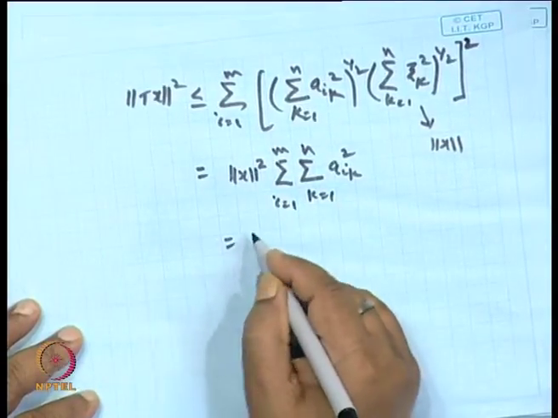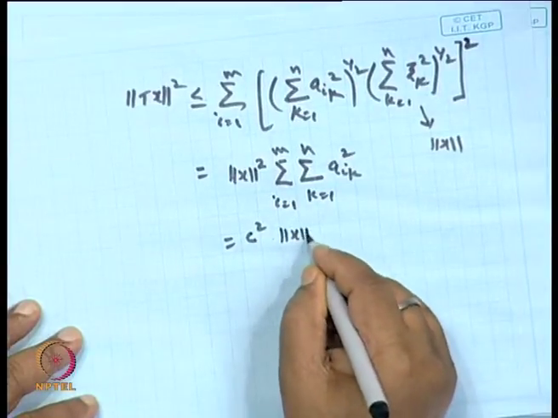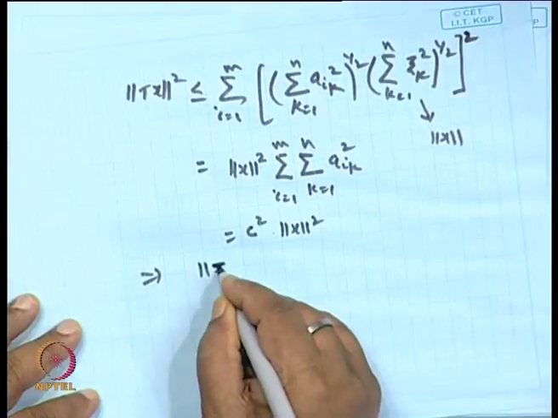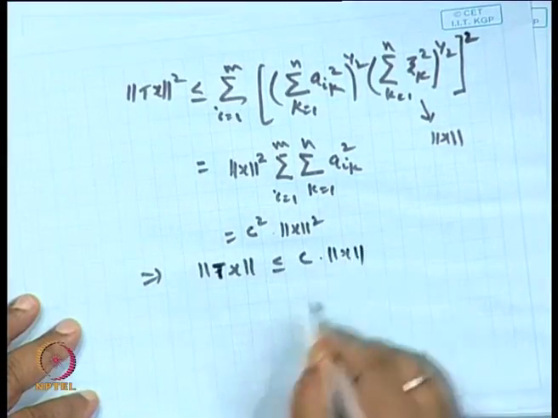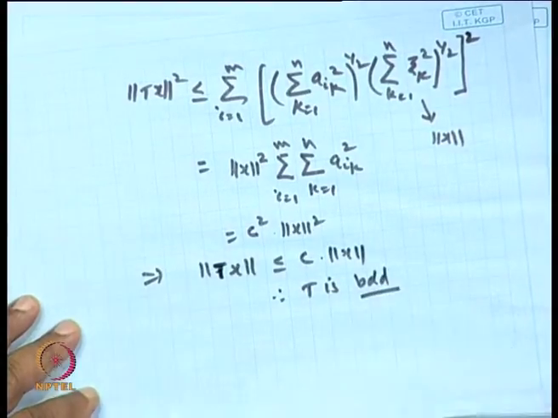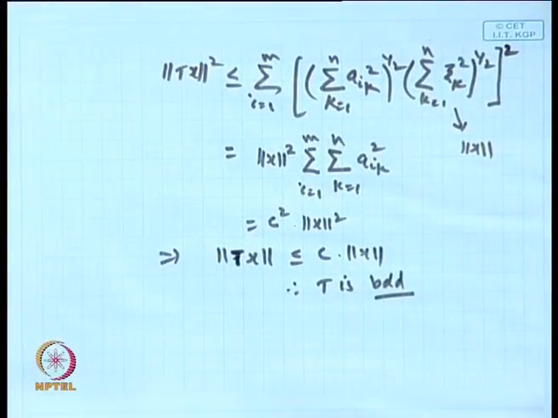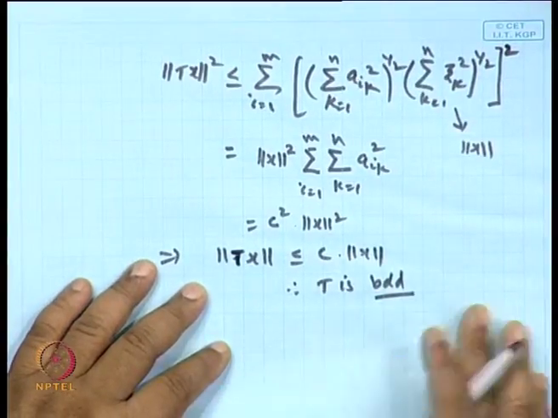So, let it be replaced by another constant, say c squared, into norm of x squared. Therefore, we get from here that norm of Tx is less than or equal to c times norm of x. So, T is bounded. So, every matrix of order m cross n represents a bounded linear operator from R^n to R^m.